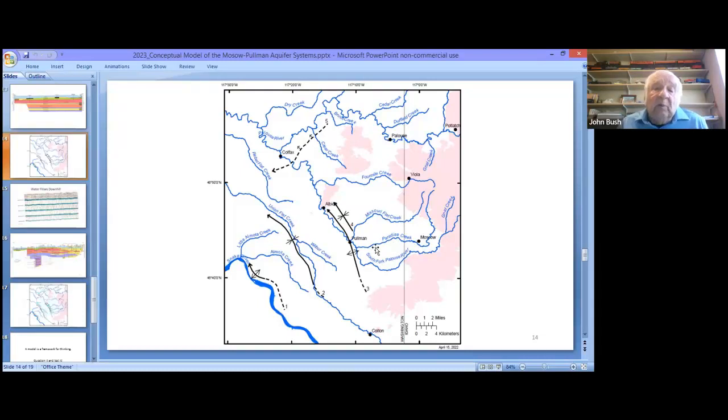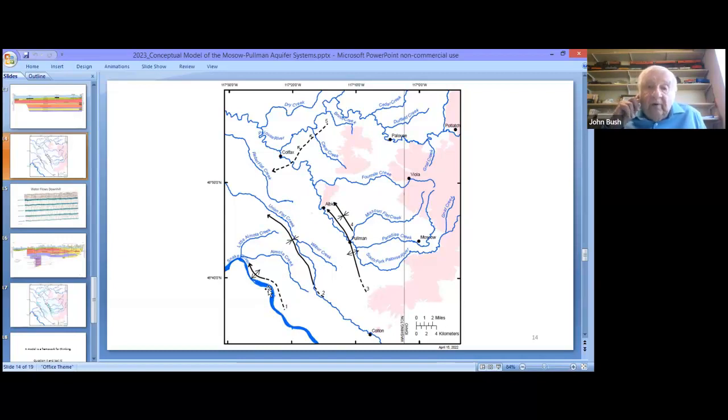But when we get to Pullman and Albion, we see our drainages now are going to the northwest. This is because the rocks in a larger feature are in a structural block where they dip gently to the northwest. And that has been shown to be part of the reason the water moves away from the Snake River.